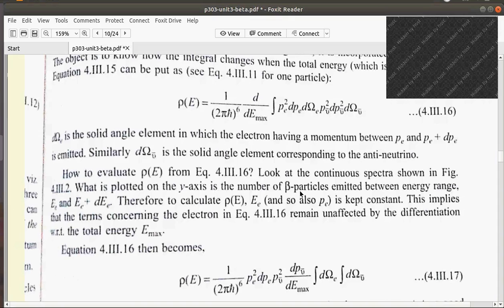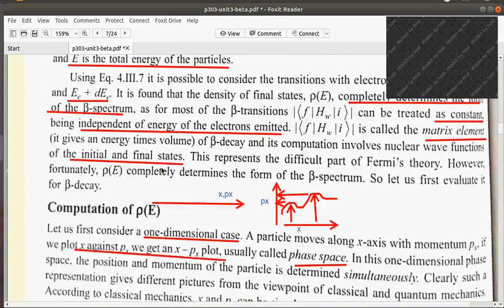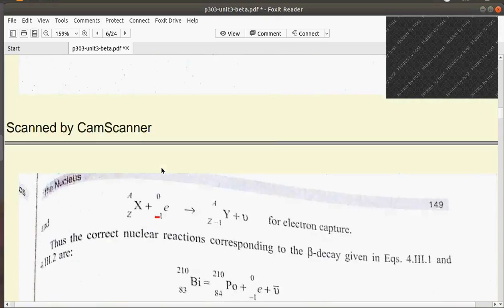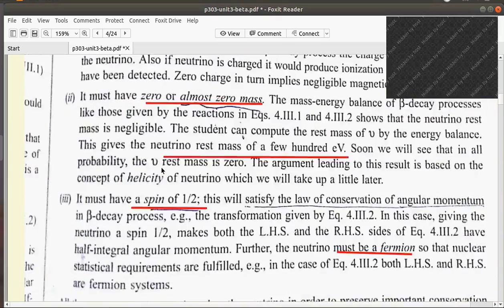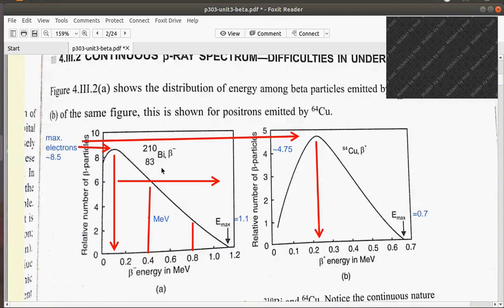Now let us look at the continuous spectra in the figure, where on the y-axis is plotted the number of beta particles emitted between the range E and E plus dE. So what it is saying is that consider this figure. You have to consider any one of these figures.